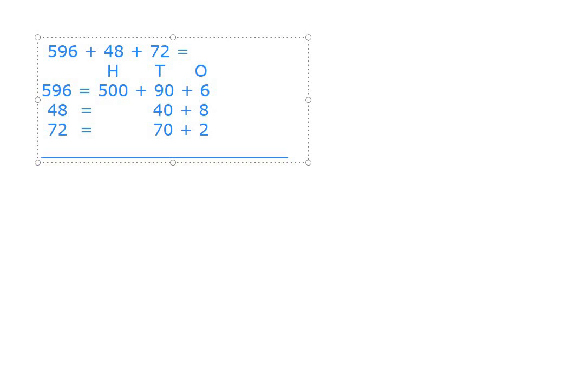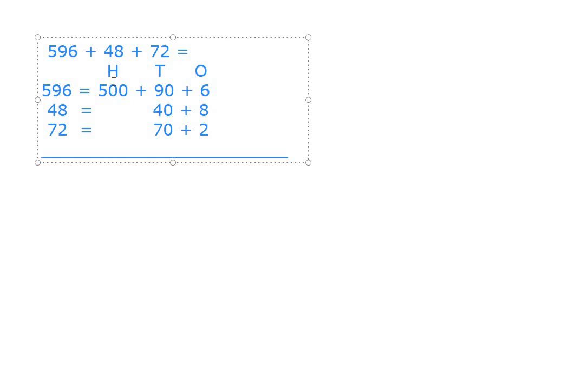So I did my first step. I have written the partition numbers vertically in columns. So this is the ones column, this is the tens column, and this is the hundreds column. My first step is done.